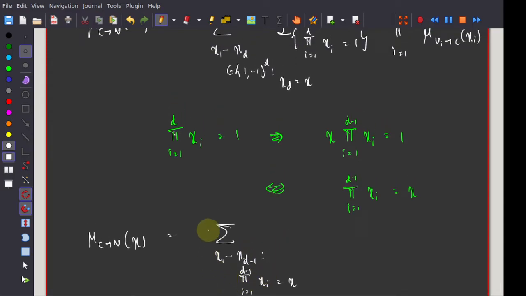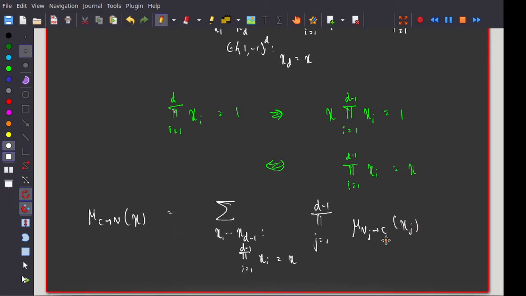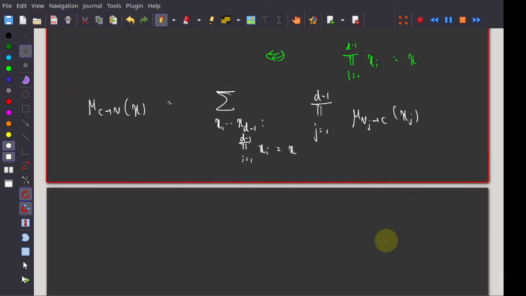If I only sum over these particular elements, then the indicator function is always equal to 1, times the product over j equal to 1 to d minus 1 of messages from the x_j. So this is basically the update rule. Now again, remember we want to reparameterize everything. So this is for x equal to 0 and x equal to 1, we have this particular update rule.